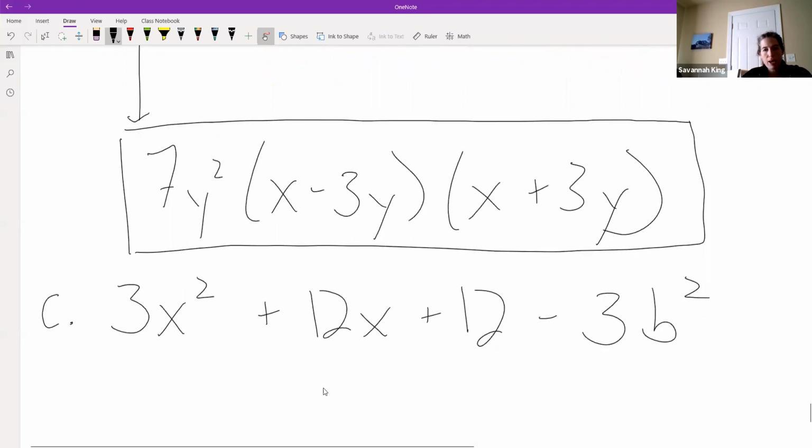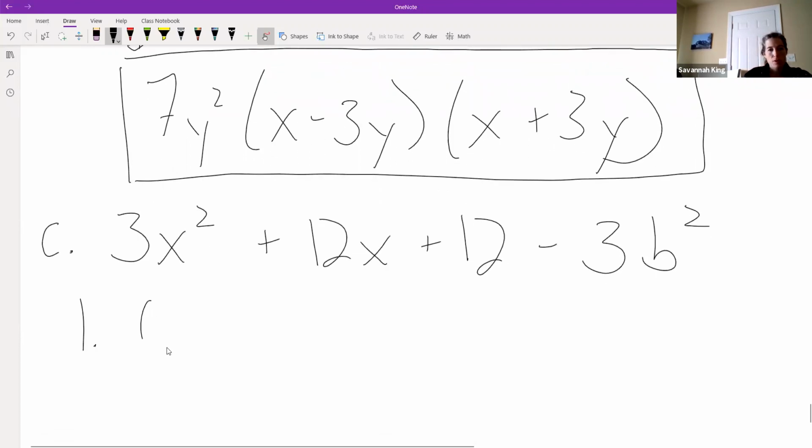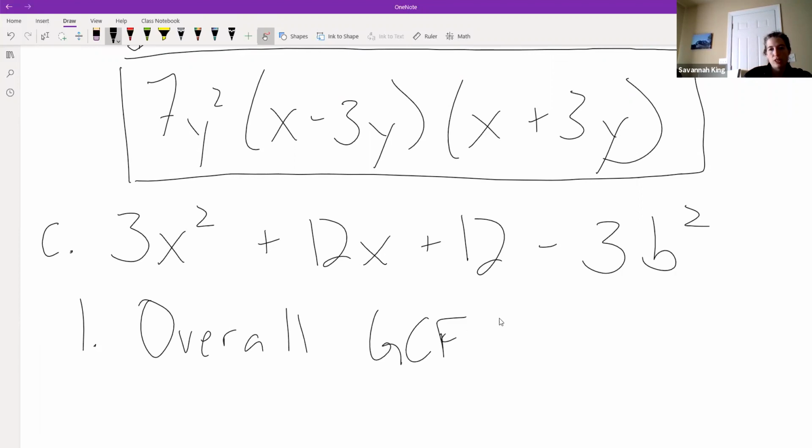All right, so back to a 4-term. But before we start thinking about, hey, that must be factored by grouping, let's ask ourselves about an overall GCF. There is an overall GCF. What do you think that would be?